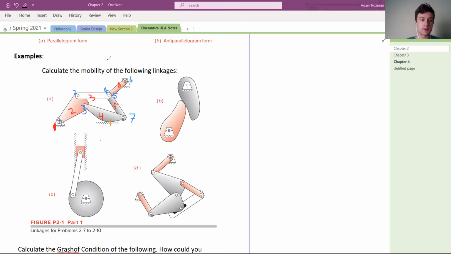Now we can just write out our mobility equation. So it's 3 times 7 minus 1 minus 2 times, oh, I flipped the color, sorry.